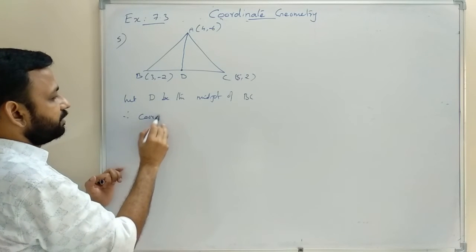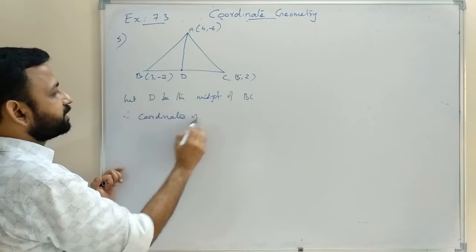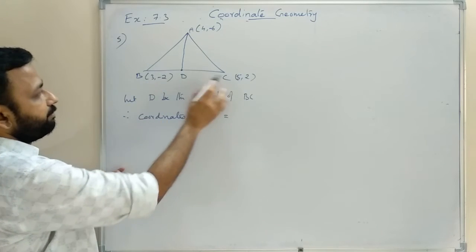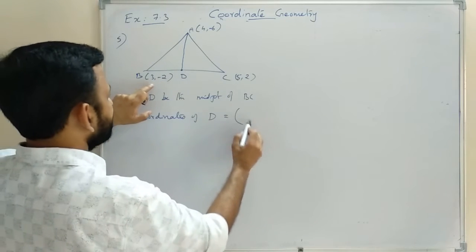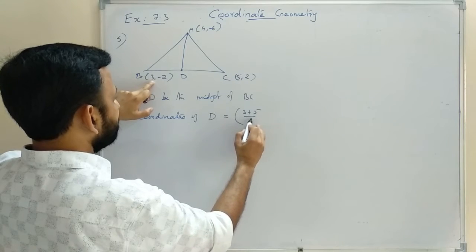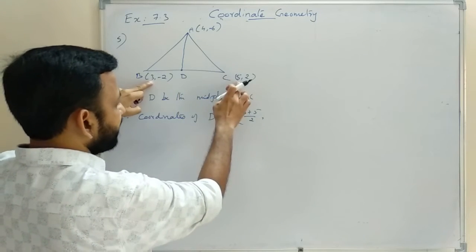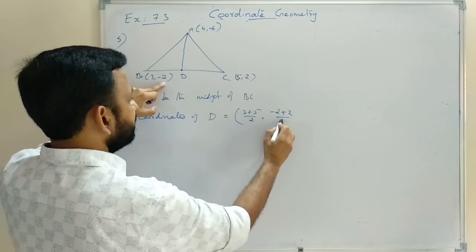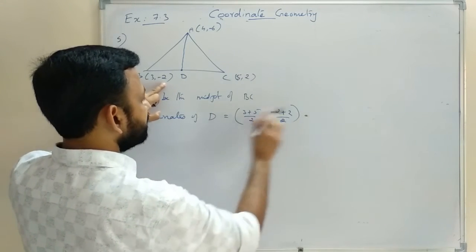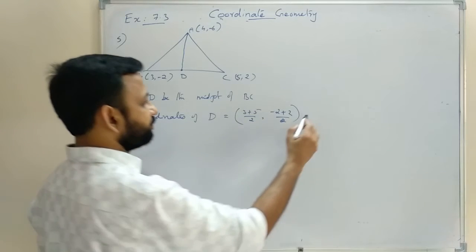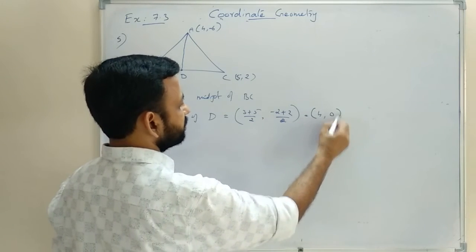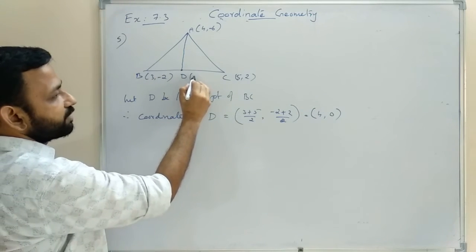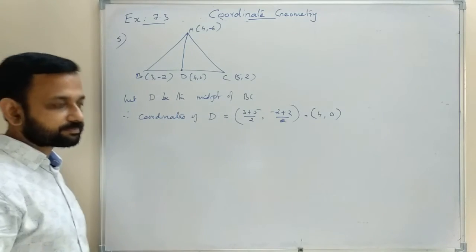Therefore, the coordinates of D, using the midpoint formula, are 3 plus 5 upon 2, minus 2 plus 2 divided by 2, that is equal to 8 by 2, 4, and 0. So now we got this point 4, 0.